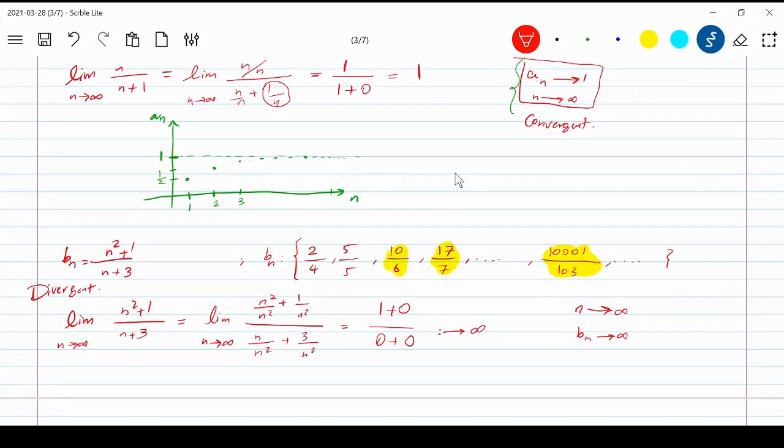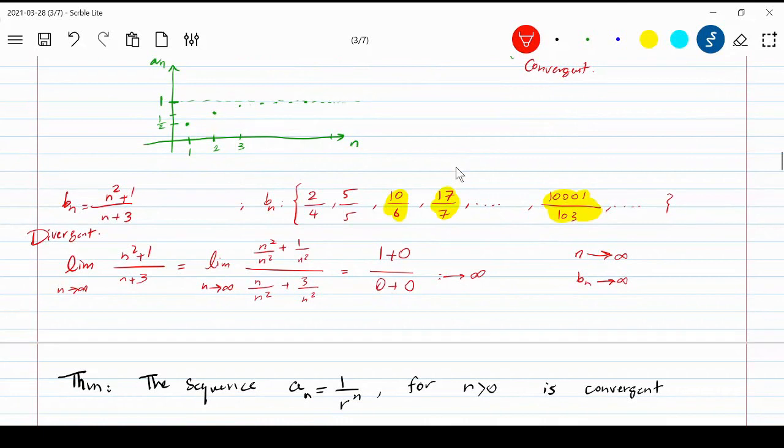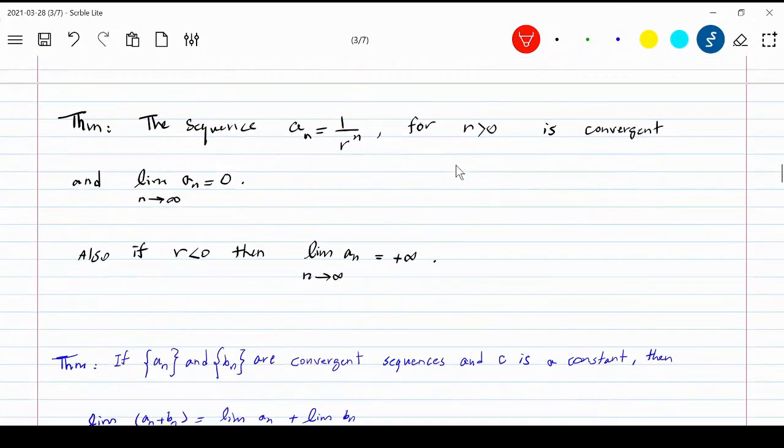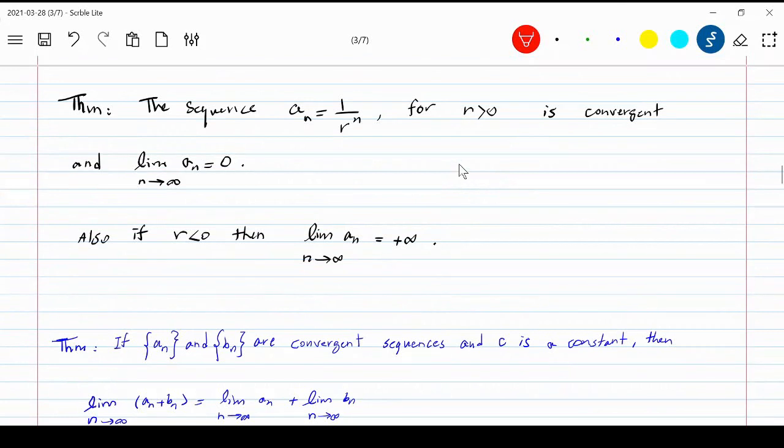Okay. There are certain theorems that you can use to calculate the convergent limits. One of them here is the fact that if you have an as 1 divided by r to the power n, so if n is positive, what you know is that 1 divided by r to the power n, again here let's assume r is a number greater than 1.